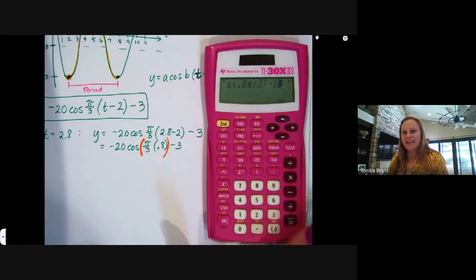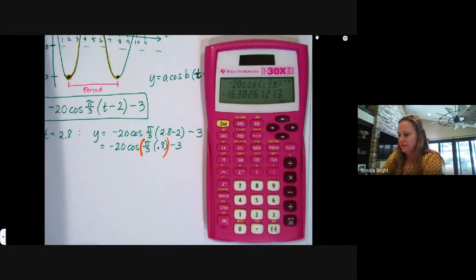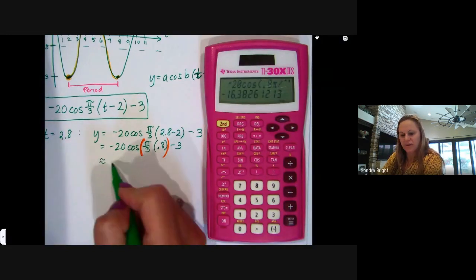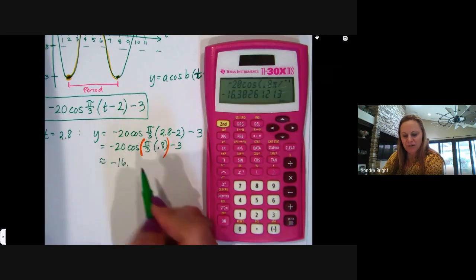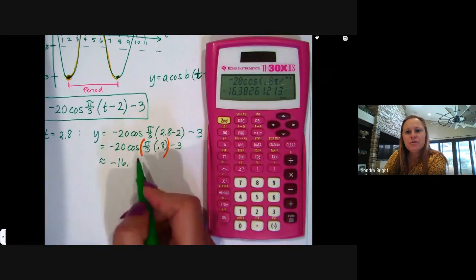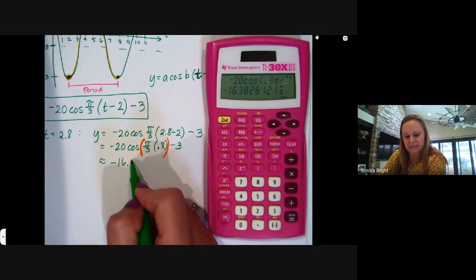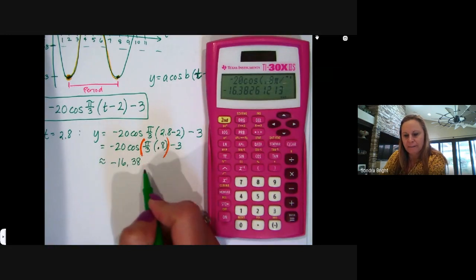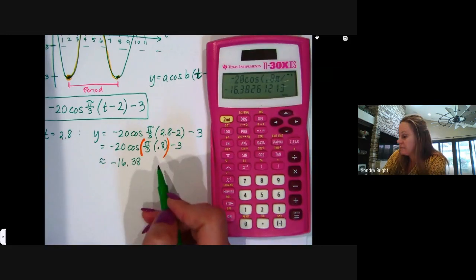So that I get y is about -16 point, did it tell us where to round to? It didn't. I'm going to go to 2 decimal places. All right, so -16.38. And, oh, it said meters. Y was in meters, so meters.